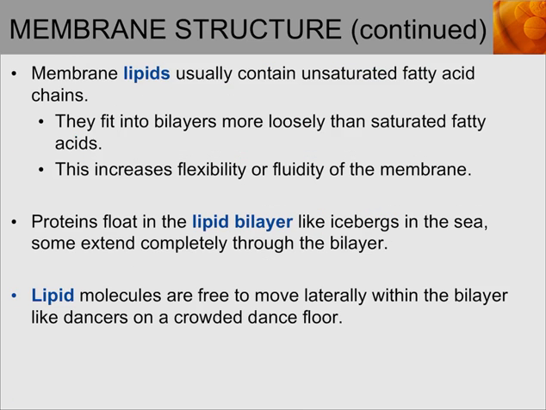All right. So membrane lipids usually contain unsaturated fatty acid chains. Those are the ones that had bends and kinks in them. That means that they're going to fit into the bilayers more loosely than saturated fatty acids.